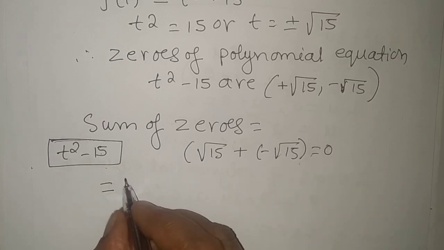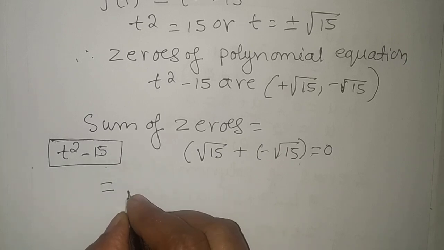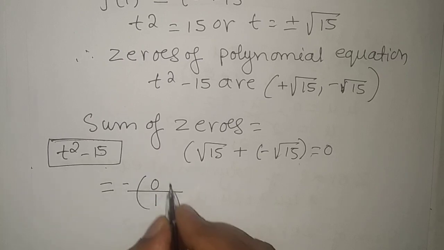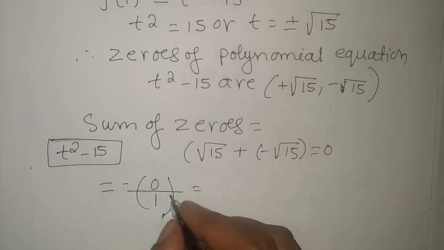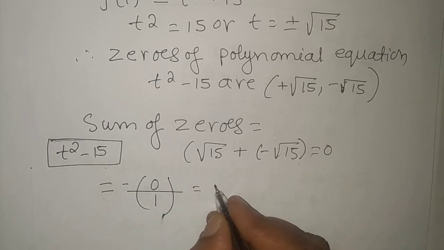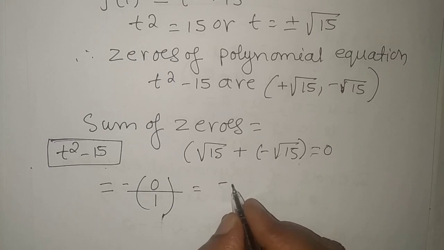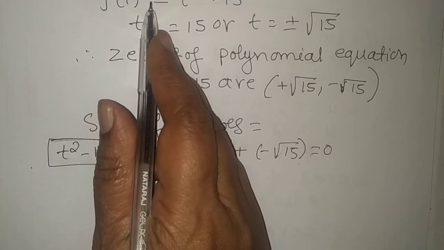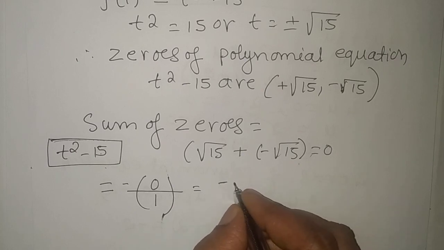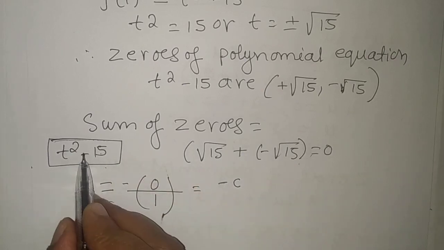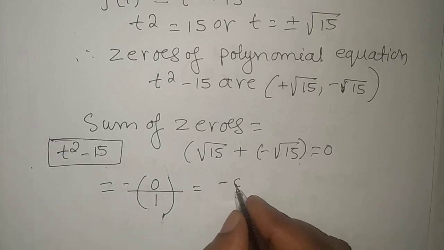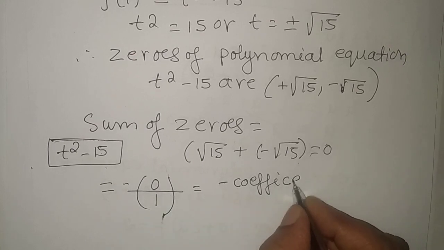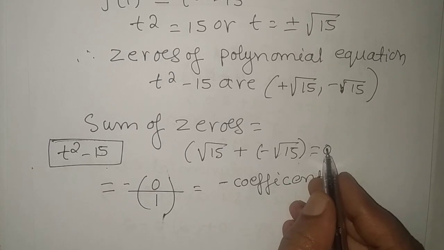So how can we write it? We have to write minus coefficient of t, divided by coefficient of t square. Since the coefficient of t is not present here, it is 0, and the result is 0.